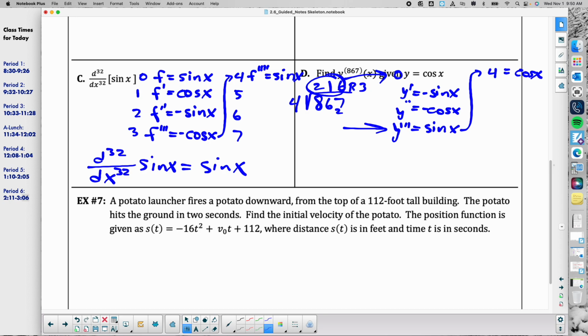If it would have been 868, it would have divided perfectly evenly and been a multiple of 4, so then it would have been the top one. But the remainder tells us which one of the other 3 it is. So the 867th derivative is sine. So you just use the multiples of 4 to figure things out.